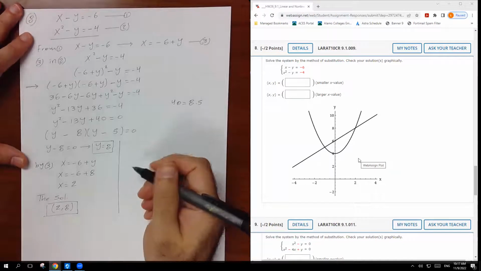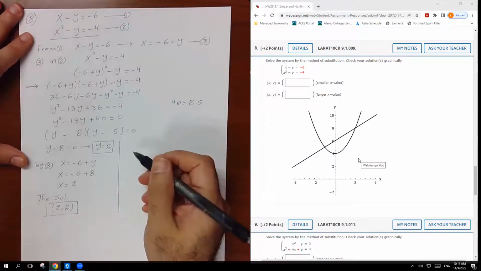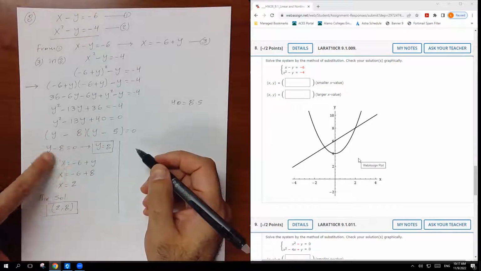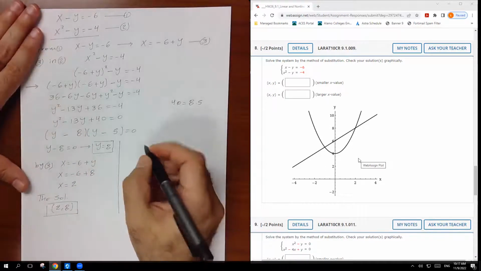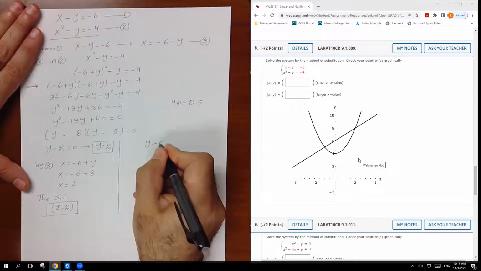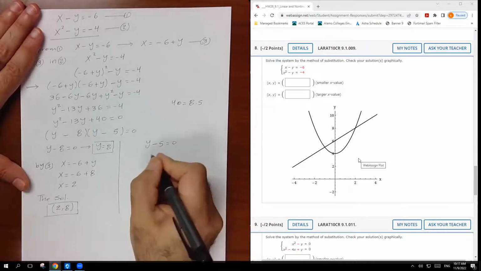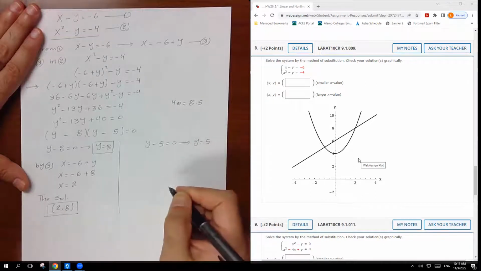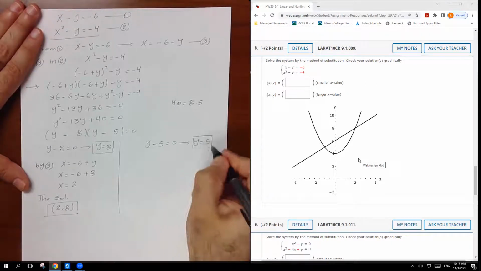Now let's do the second one, because we have two values of y. When y equal 8, and the second part is y minus 5 equals 0. That means y is going to be equal 5. So this is the value of y.